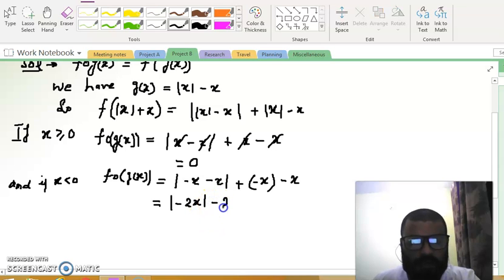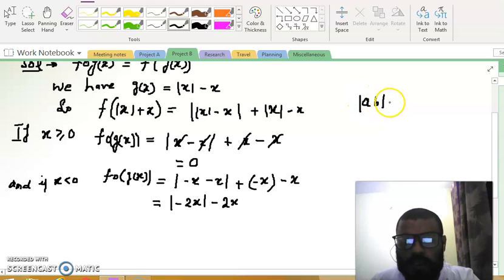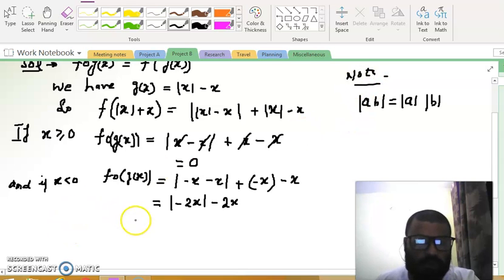Negative 2x. Now simplify this one, as we already know the property: if AB is in the modulus, it can be written as |A| into |B|. We know this property.